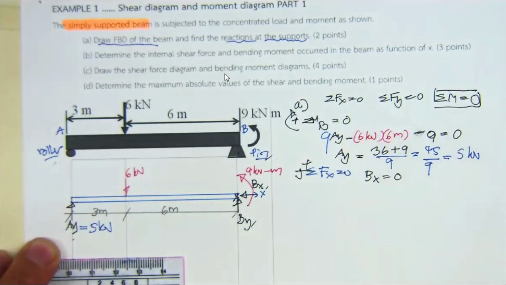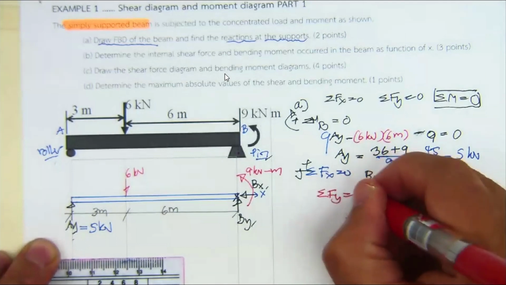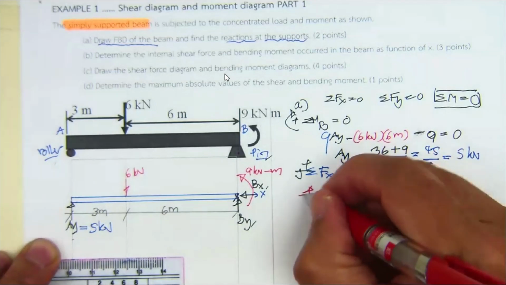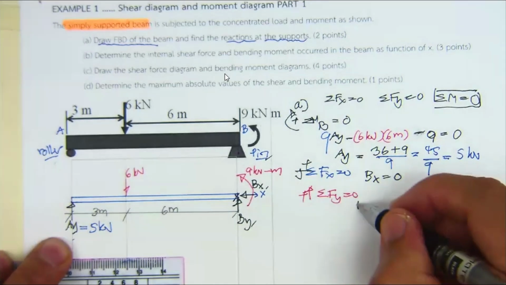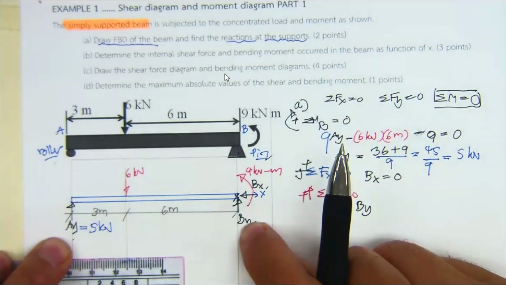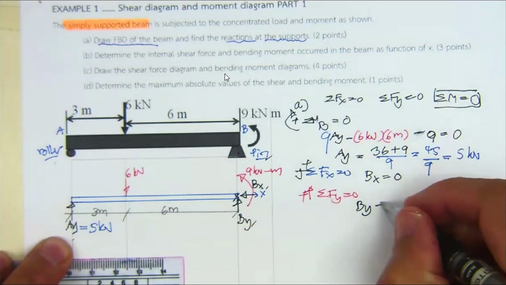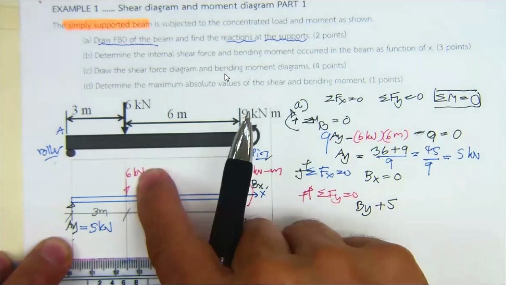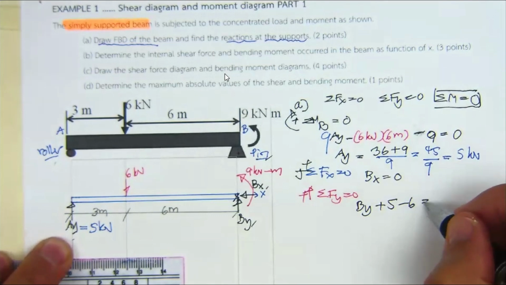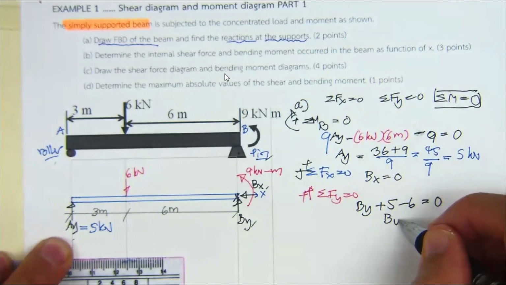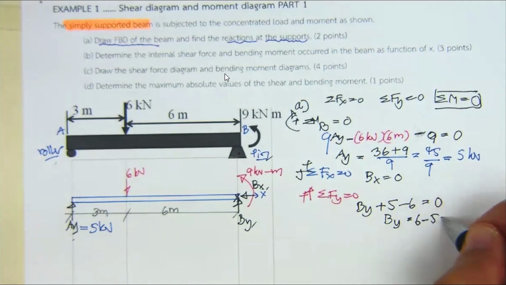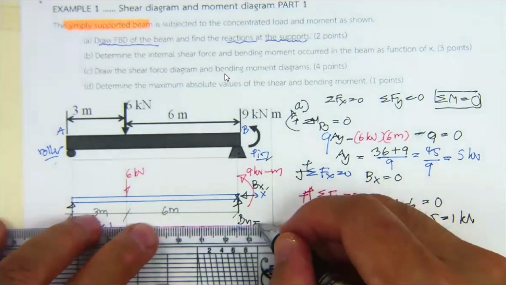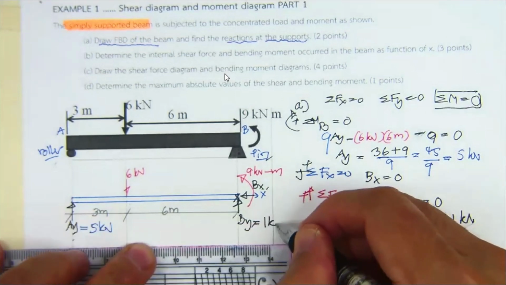And then the last one, summation of F sub y equal to 0, upward positive. You have B sub y, and you have A sub y, which is 5, and minus 6 equal to 0. So B sub y is going to be equal to 6 minus 5, which is 1 kilonewton.